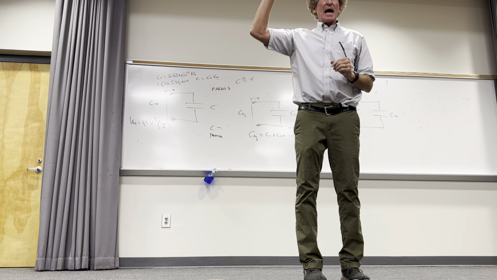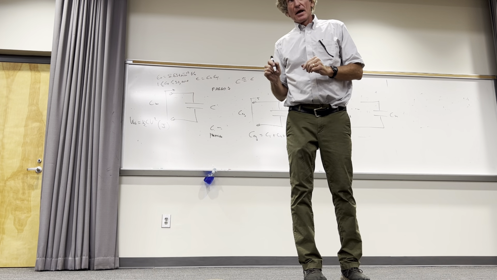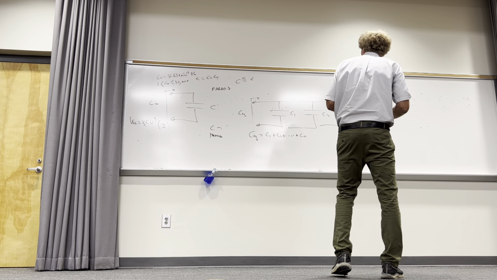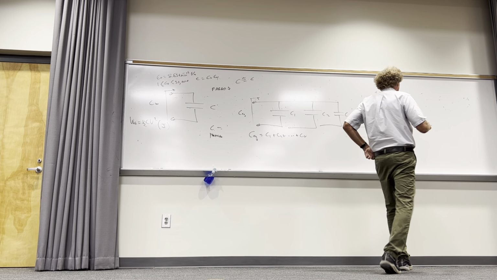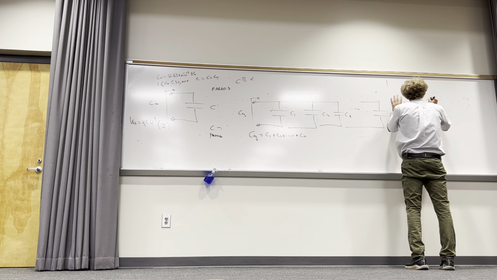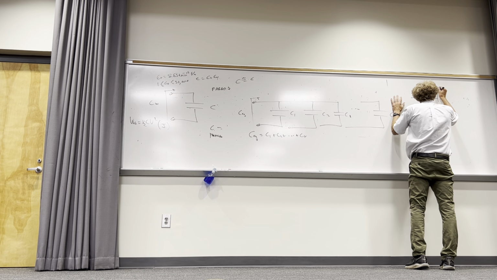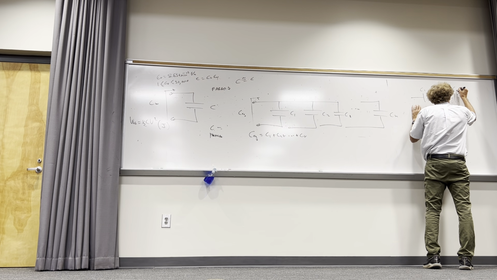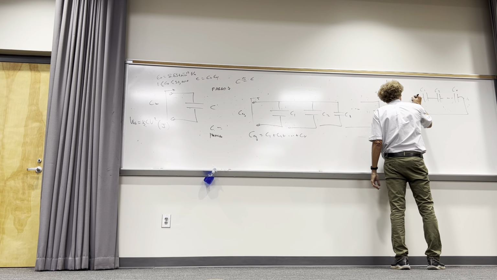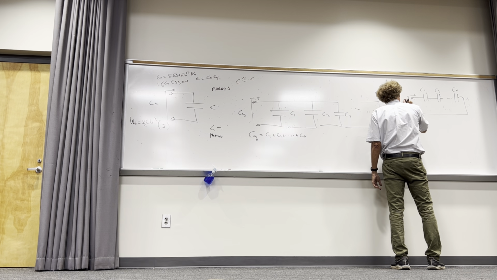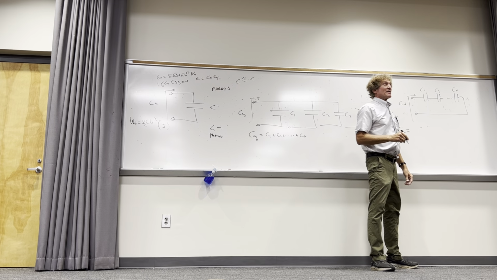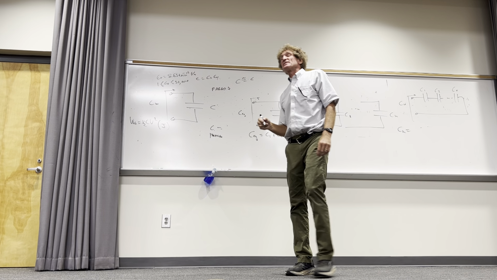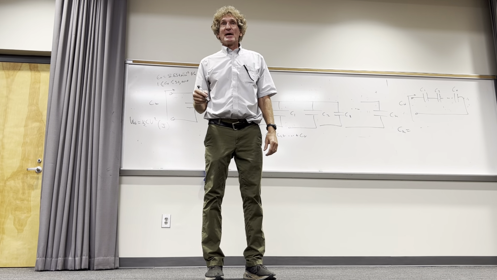All right. Now, if they are in series, I'll put it right here. If you have them in series, and I want this value, now this is like resistors in parallel, all right?